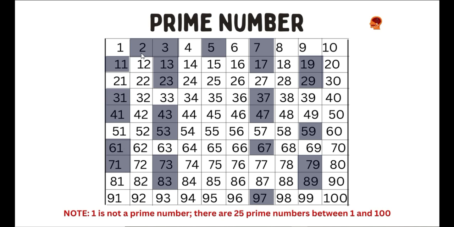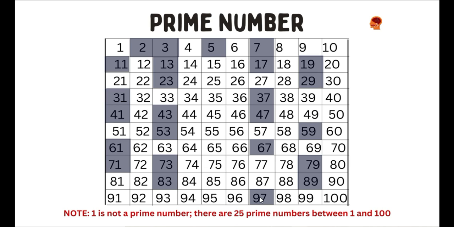Now look at them: 2, 3, 5, 7, 11, 13, 17, 19, 23, 29, 31, 37, 41, 43, 47, 53, 59, 61, 67, 71, 73, 79, 83, 89 and 97. These are the prime numbers, and there are 25 of them between 1 and 100.